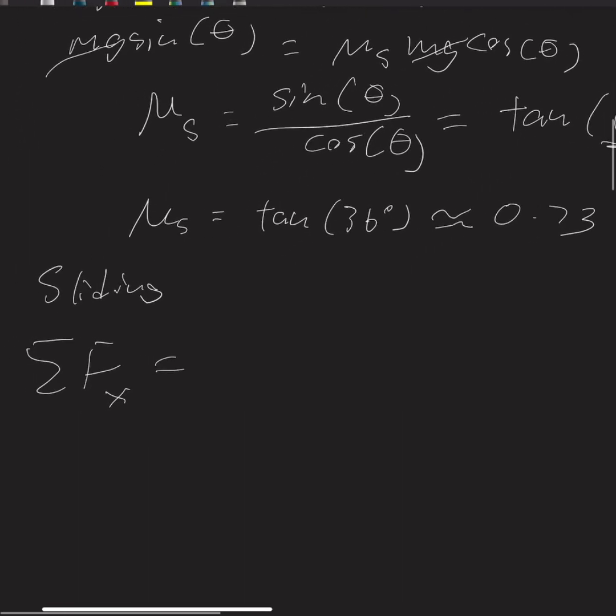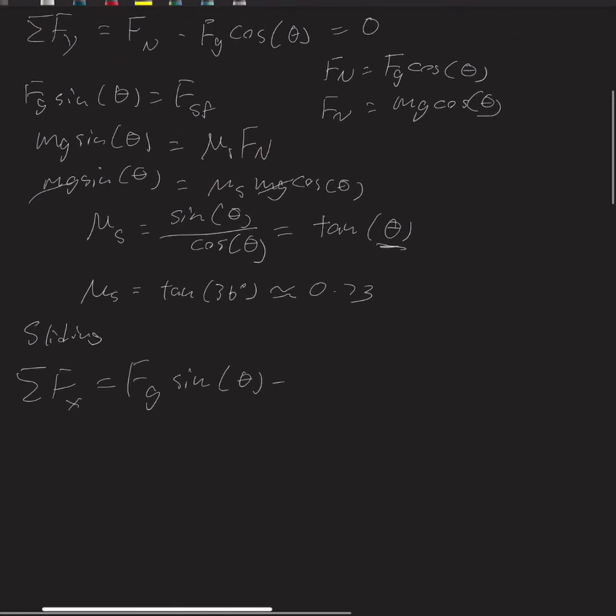So it's Fg sine theta minus force of kinetic friction, which is equal to mass times acceleration. The y direction is not accelerating, so we can say that force in the y direction is equal to force of normal minus force of gravity cosine theta is equal to 0.